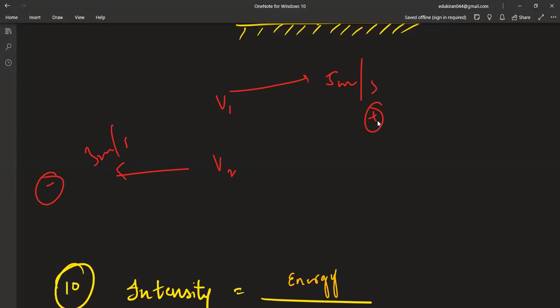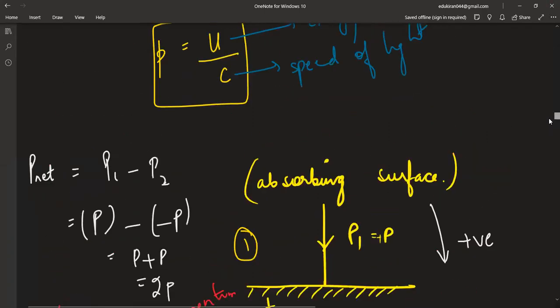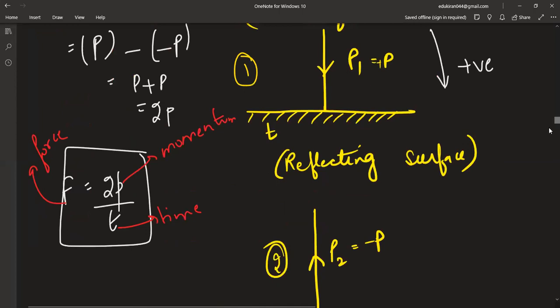Because they were already in the opposite direction, making a 180-degree angle, we could have directly subtracted them. But see, once you are putting the sign convention, minus, minus, one more minus is coming. So instead of getting subtracted, they are getting added. That is the same thing that is occurring over here, twice the momentum.